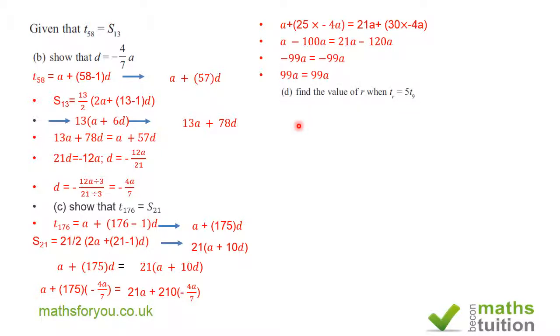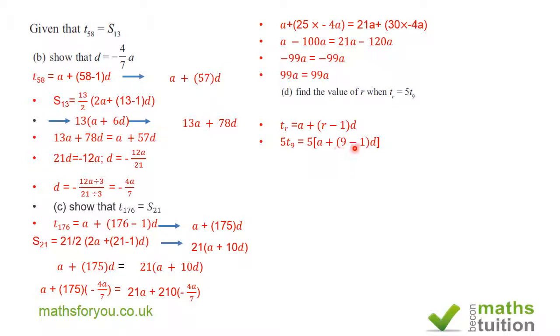For part D, it says find the value of r when t sub r is equal to 5t sub 9. As before, t sub r is equal to a plus r minus 1 d. And 5t sub 9 is equal to 5 into a plus 9 minus 1 d.